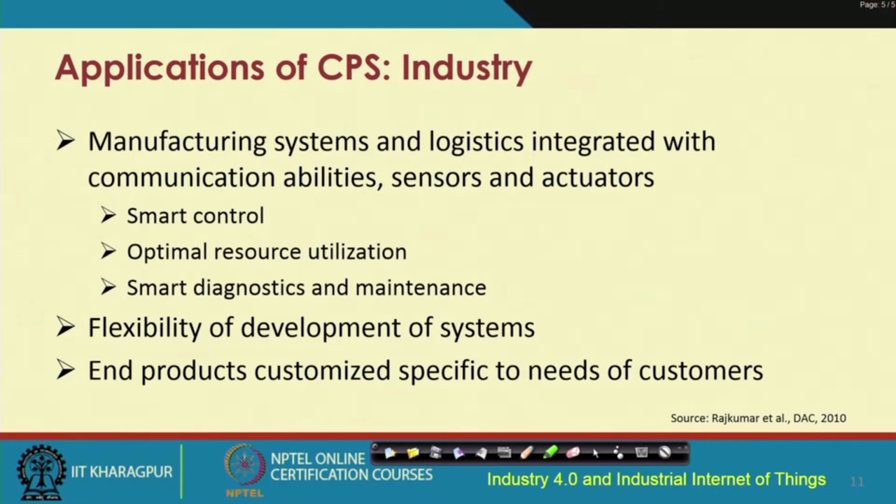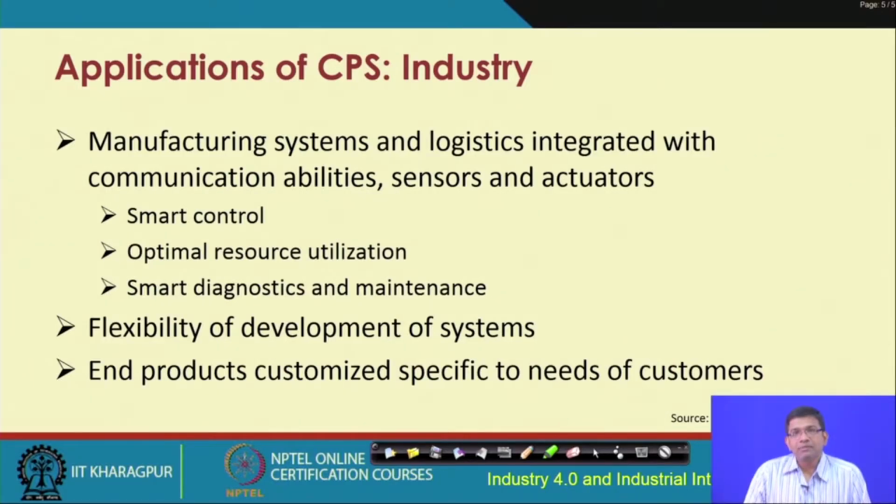In industry in general, manufacturing industries will use cyber physical systems. All the different machines that we talk about, some of these may be robot assisted machines, some of these could be simple machines, such as the lathe machine, the milling machine, or the welding machine in a workshop.